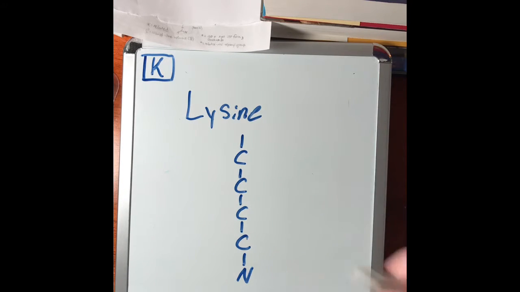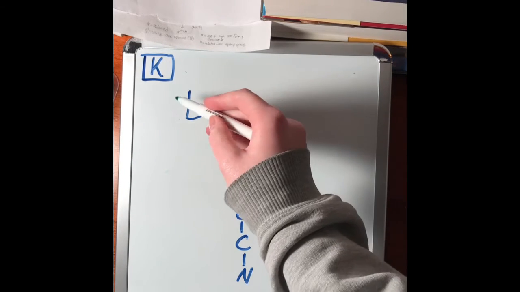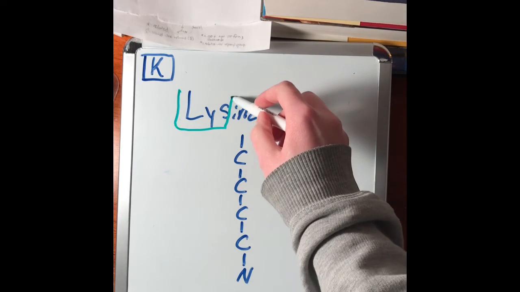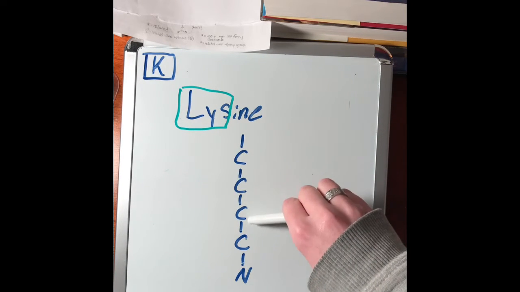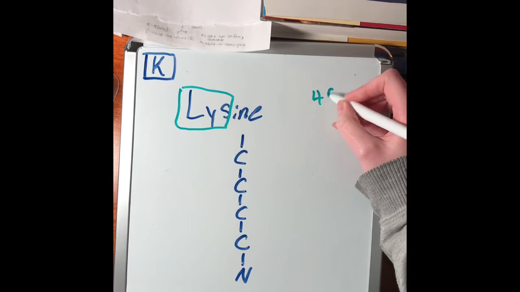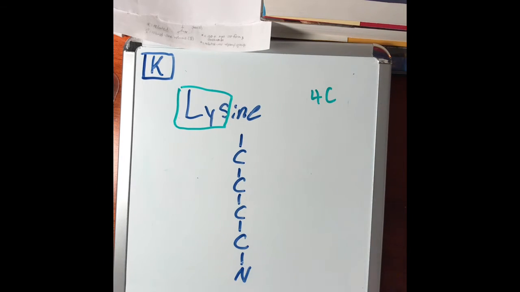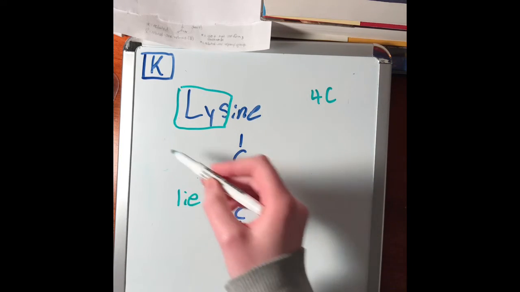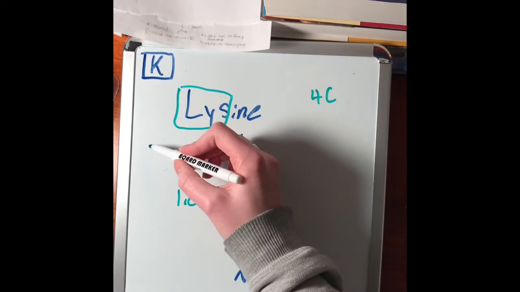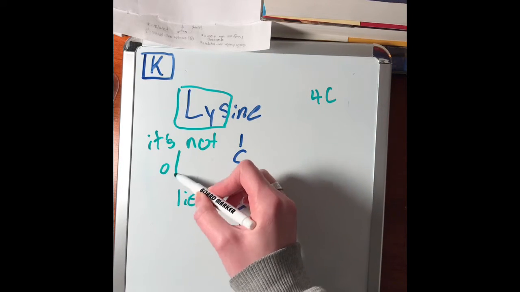This is lysine, and it corresponds to the letter K. Its 3-letter abbreviation is LYS. Its R group is 4 carbons with an amine group attached to the last carbon. The tricks I have for remembering all of this is that lysine starts with Li, and so you can remember that it corresponds to K because it's not okay to lie.